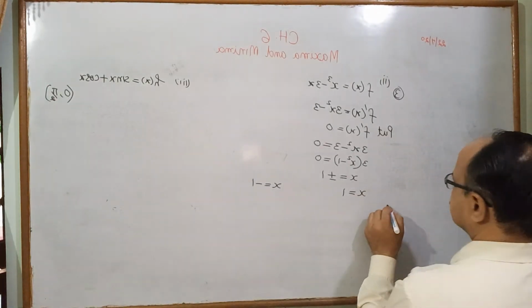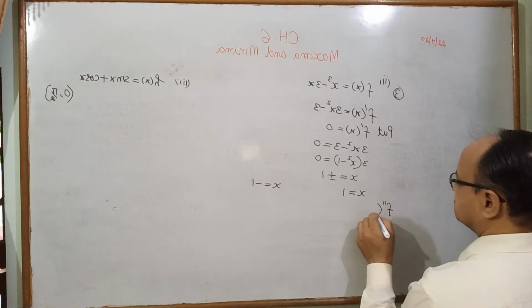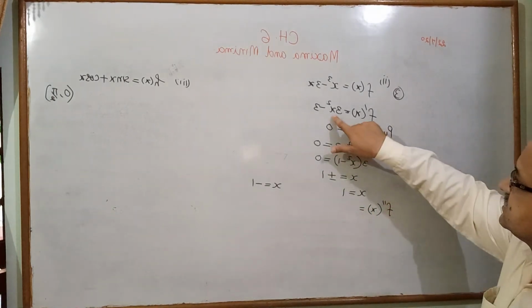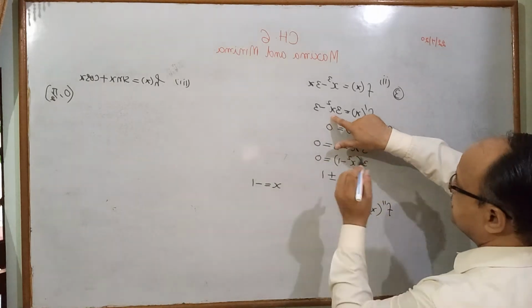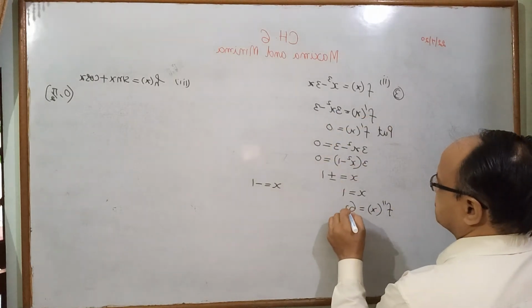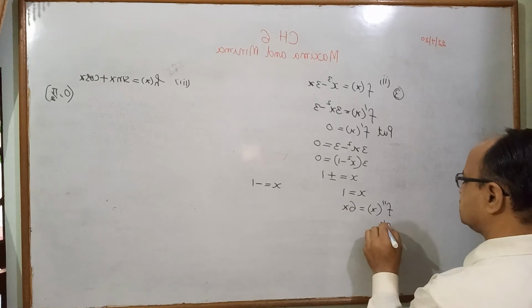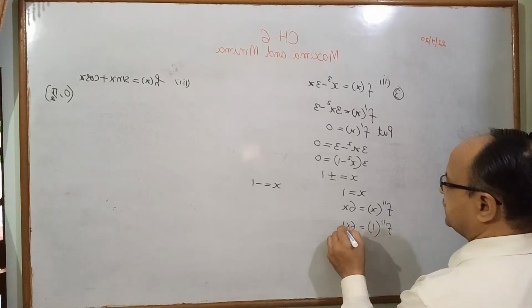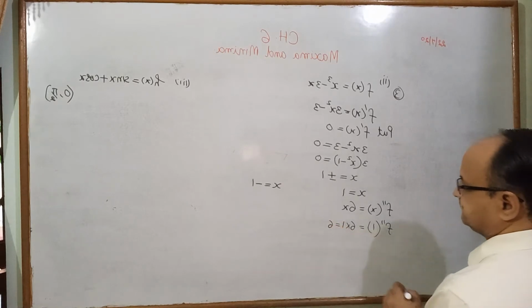Now find the second order derivative. Second order derivative of this is 6x. Now put x equal to 1 here: 6 into 1, that is 6.